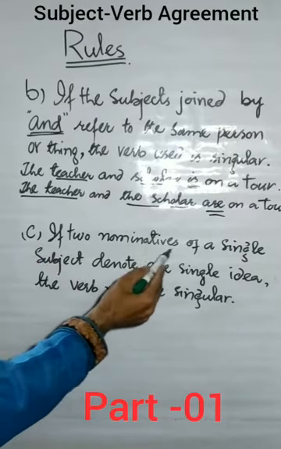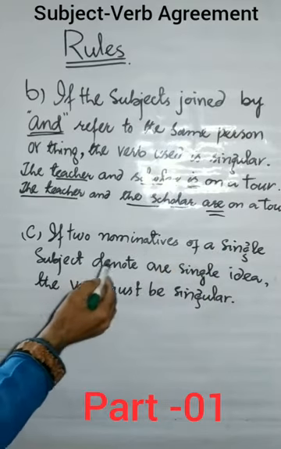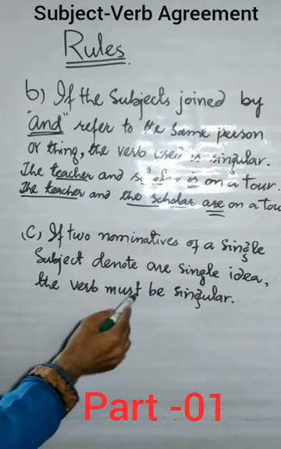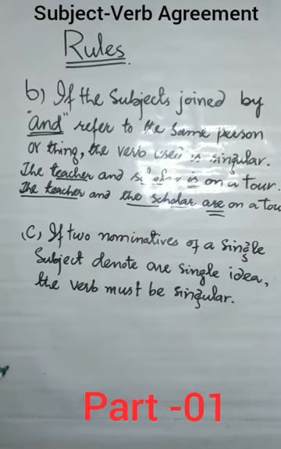If two nominatives of a single subject denote one single idea, the verb must be singular. रूल कहता है कि अगर एक सब्जेक्ट में दो नॉमिनेटिव्स हैं और ये एक ही आइडिया, सिंगल आइडिया को जाहिर करते हैं, तो वहां पे जो वर्ब होगी वो मस्ट बी सिंगुलर.